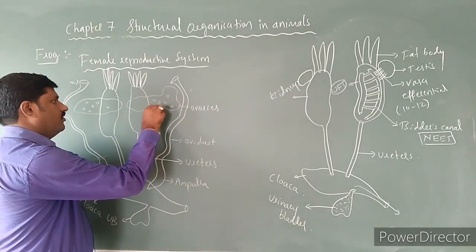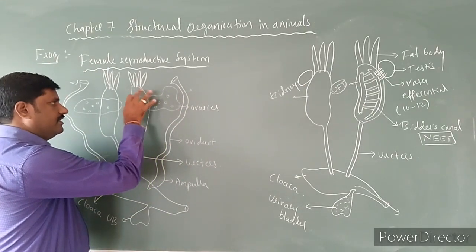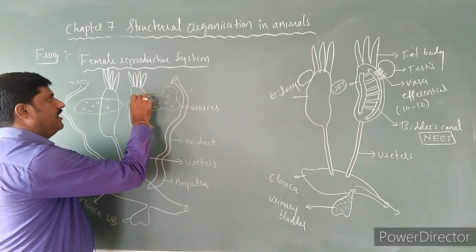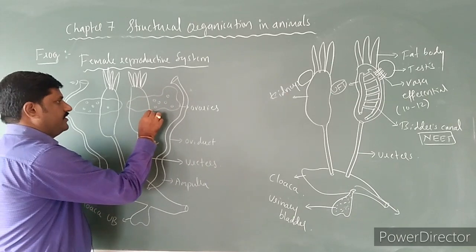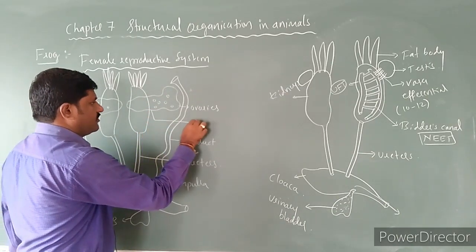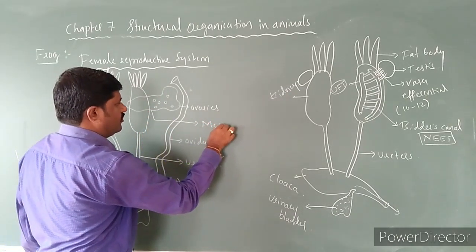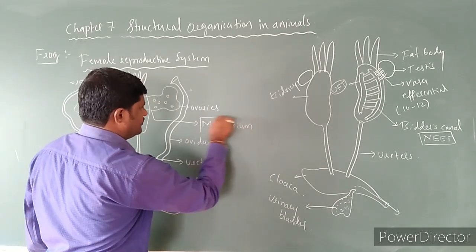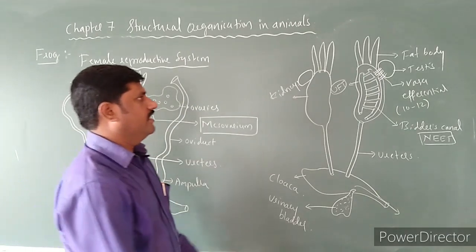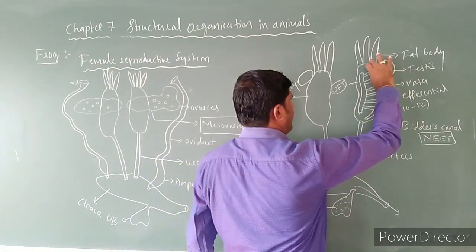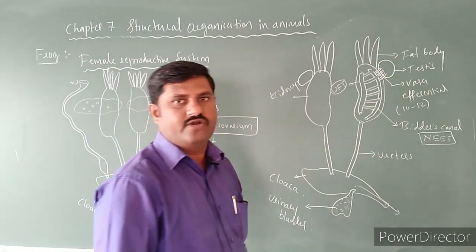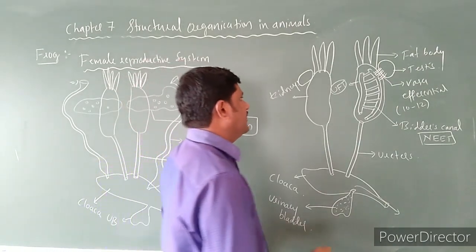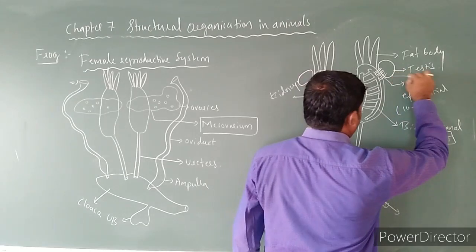These ovaries are attached to the kidney with the help of a membranous structure called the mesovarium. And here the testes are covered with a double folded peritoneum, that is called what?